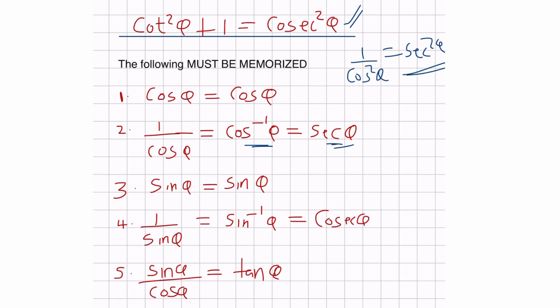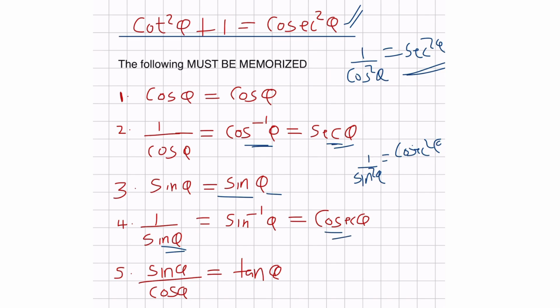Clear, right? Then sine theta is equal to sine theta, but the inverse of sine theta, which is 1 over sine theta, or sine to the power of negative 1 theta, is equal to cosec theta. That is why you saw us saying that 1 over sine squared theta is equal to cosec squared theta, because the original identity is that 1 over sine theta is equal to cosec theta.